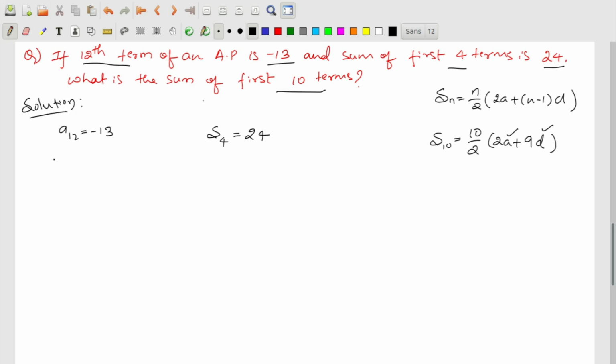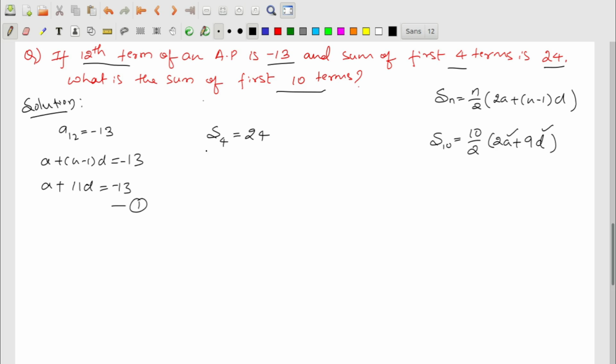So apply an formula here, that is a plus n minus 1 into d is equal to minus 13. So here n is 12, so you will get a plus 12 minus 1, that is 11d is equal to minus 13, right? So you can take this one as equation 1 with the unknown values a and d.